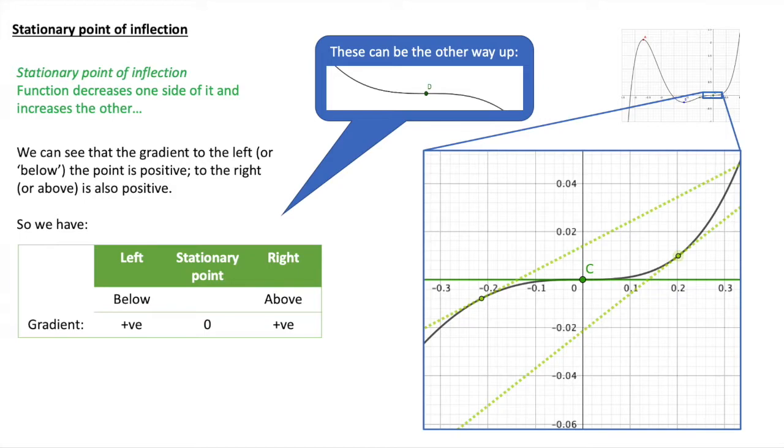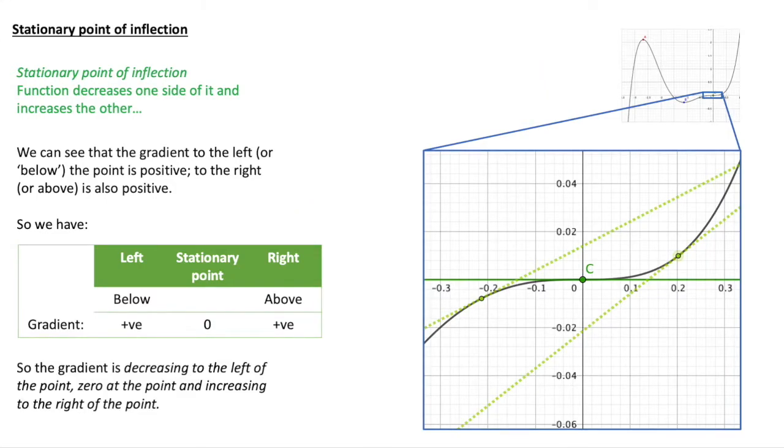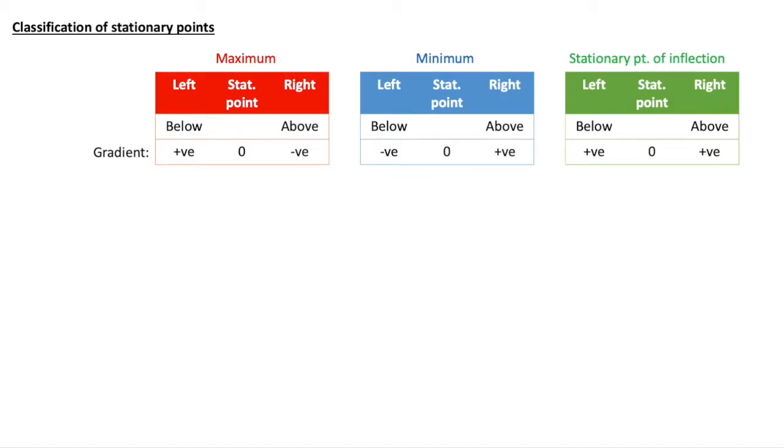Now we also need to bear in mind that this could be the other way round for a stationary point of inflection. We could have negative, then 0, then negative. But we'll stick with this one for now. So, gradient decreasing to the left of the point, it's 0 at the point and increasing to the right of the point. Let's have a look at these all together.